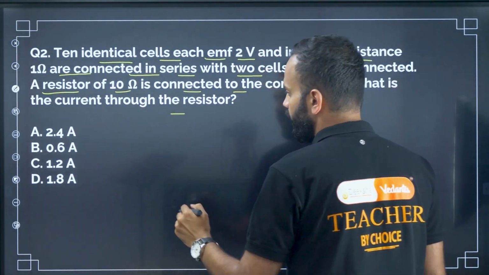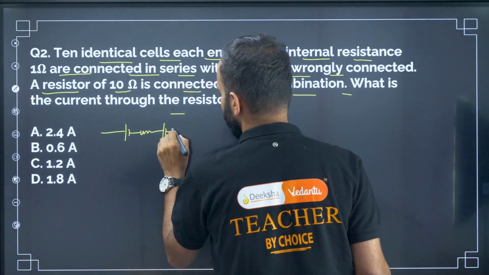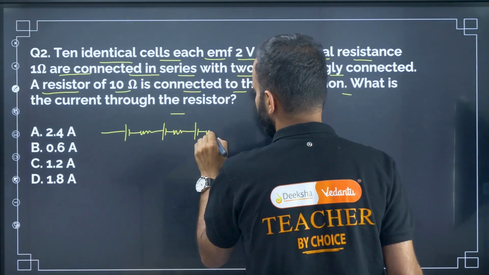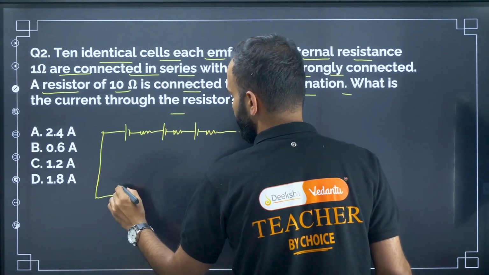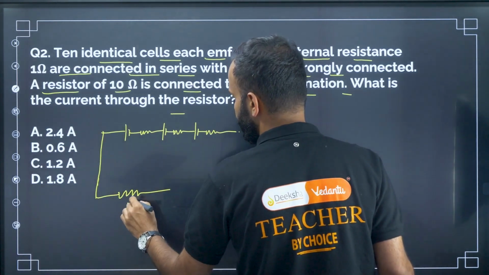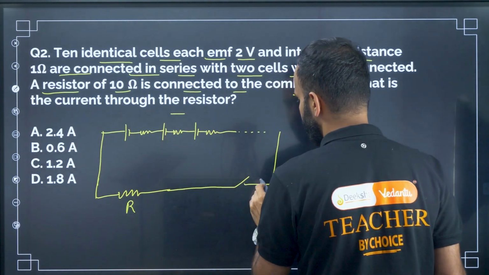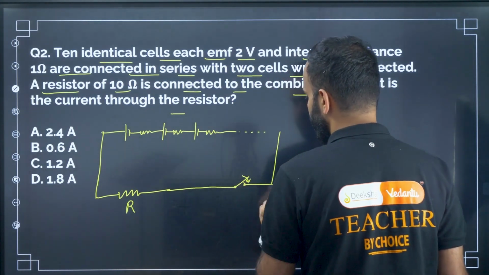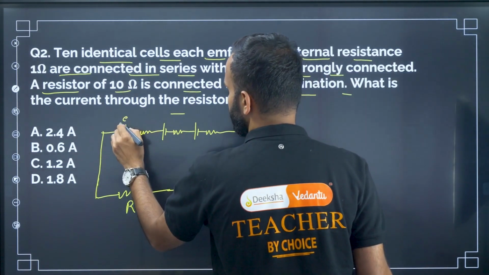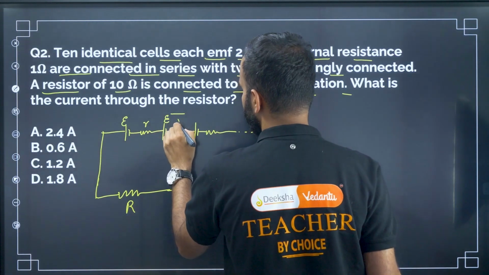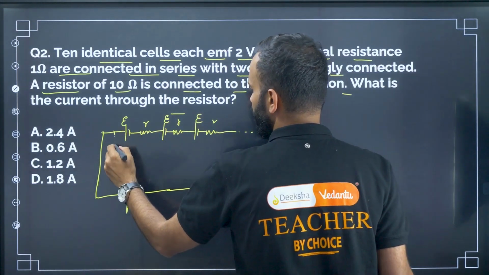Let us draw the diagram. Here are 10 EMFs, connected to an external resistor R. The switch is closed. These are identical cells.